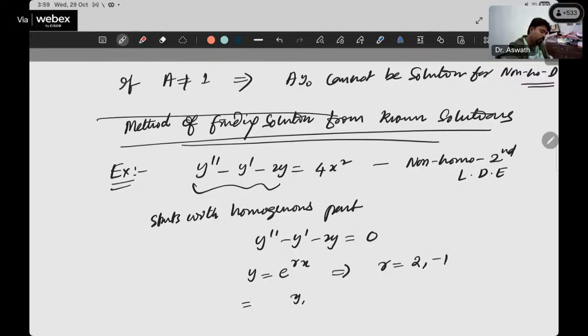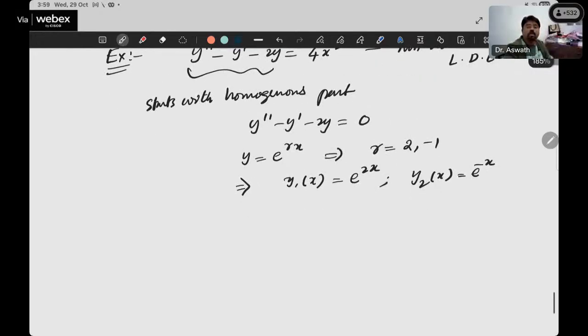Therefore, y1 of x is exponential 2x, and y2 of x is exponential minus x. These are the two solutions for the homogeneous part. From the homogeneous part, I can find the general solution as y is equal to a into exponential 2x plus b into exponential minus x.